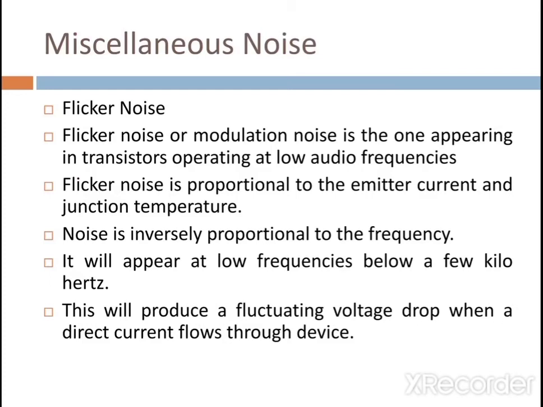Flicker noise is proportional to emitter current and junction temperature. This noise is inversely proportional to frequency. It appears at low frequency below a few kilohertz, and it produces a fluctuating voltage drop when a direct current flows through the device.